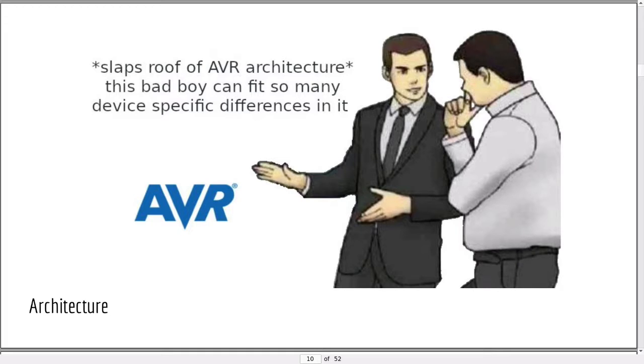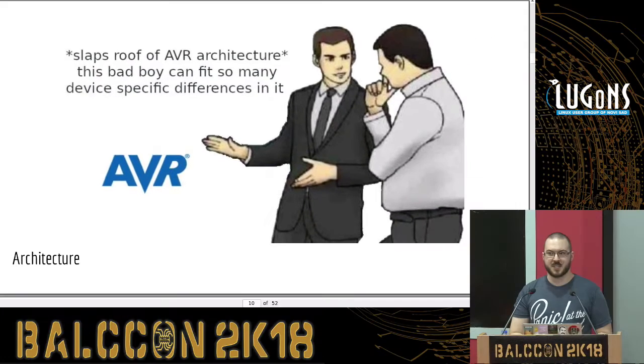When we say AVR architecture, we mean something vague, because there are a lot of device-specific differences across all the existing AVR cores. If you write software for one AVR core, you can't just run it on any other AVR core.